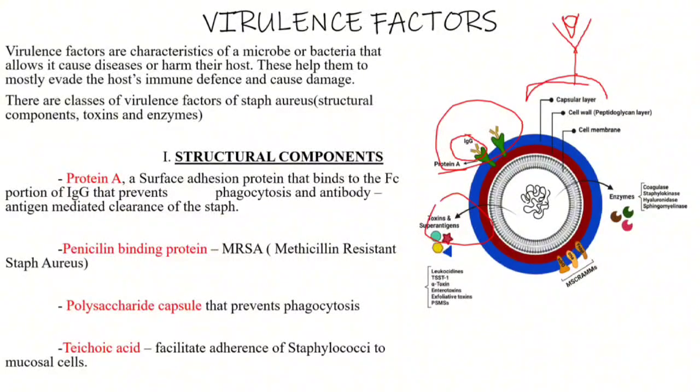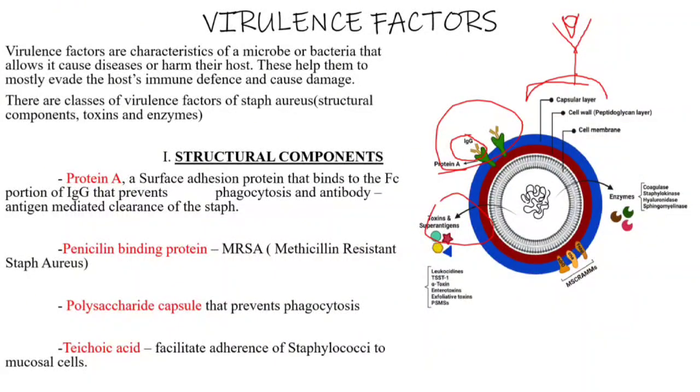So virulence factors are features of a bacteria that help it to escape killing, simply put. So protein A on the capsule binds to IgG, prevents antibody antigen mediated clearance of the staph, so it actually prevents the opsonization.